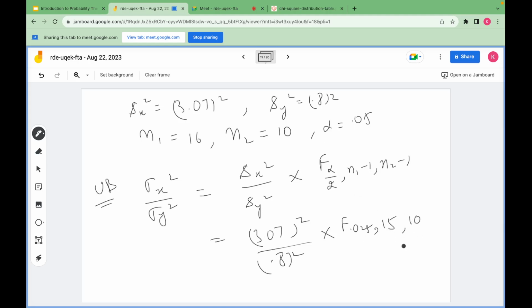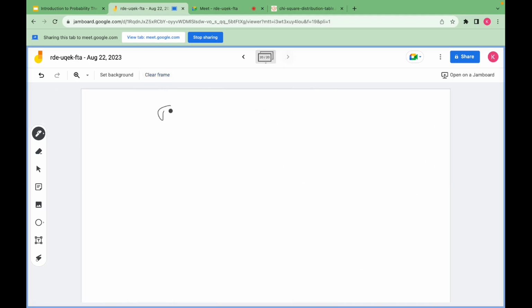So when we look at the f table, we have two degrees of freedom. Here one is 15 and another is 10. Now for sigma x by sigma y, this will be sx by sy into root f 0.025 comma 15 comma 10.